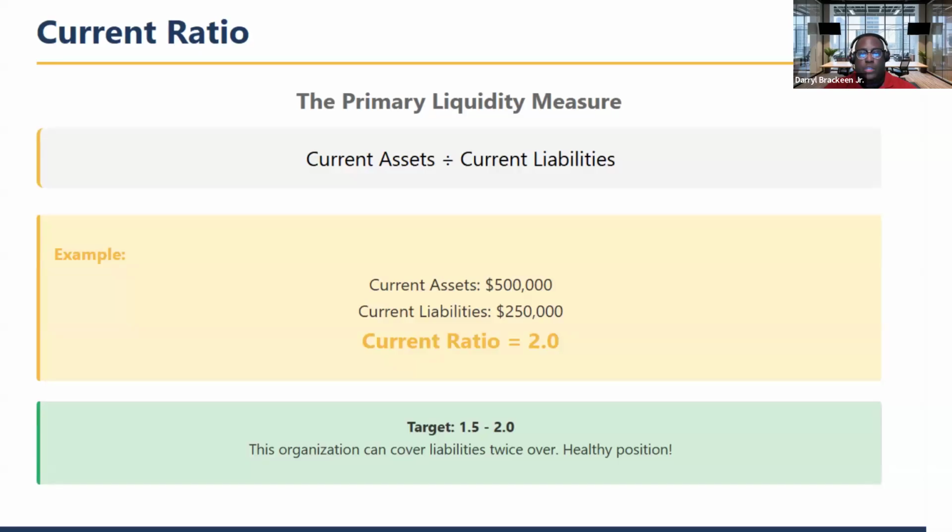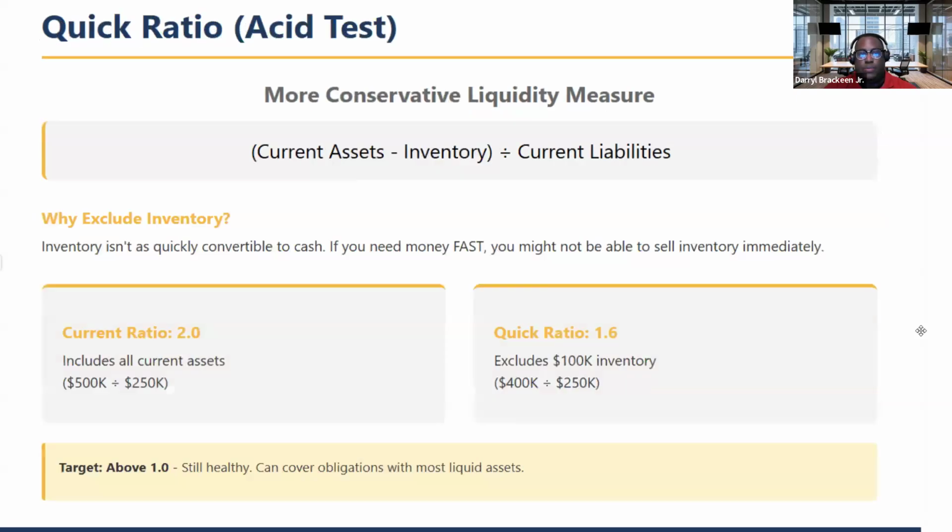The current ratio for this is 2.1, but the target that we need to get to be okay is 1.5 to 2.0. And by the way, the current ratio is 2.0. I made a mistake there, but you get the point. The target is between 1.5 and 2.0, which means your organization can cover its liabilities, which means this is a healthy situation in this example.